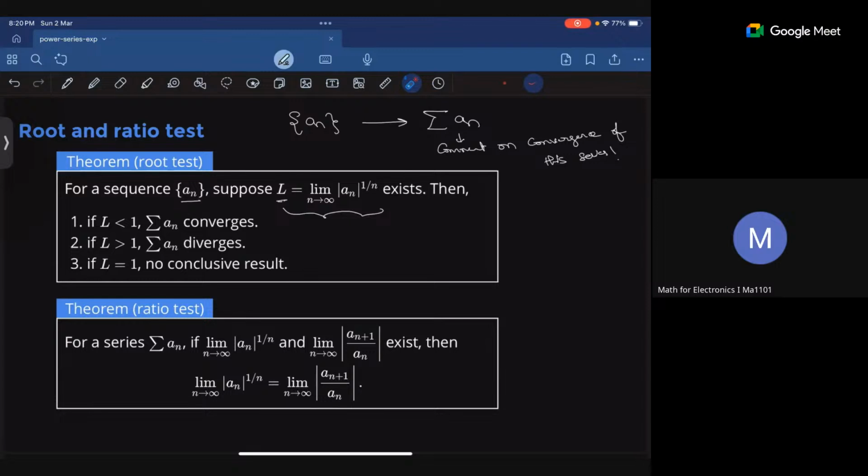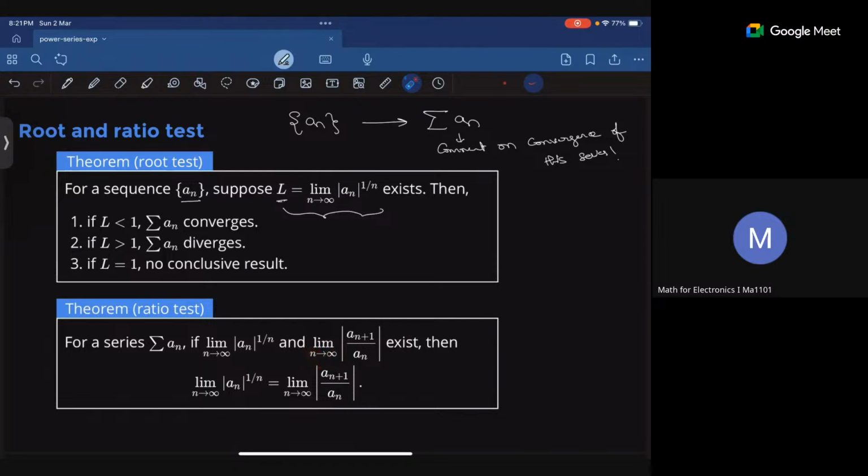The ratio test is slightly easier. Instead of computing this very complex looking expression with the power 1 by n, we take the (n+1)th term and the nth term and their ratio. From the word itself, you can see it's the ratio between the (n+1)th term and the nth term, with n tending to infinity.